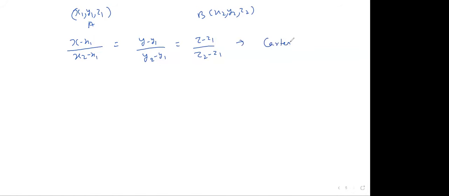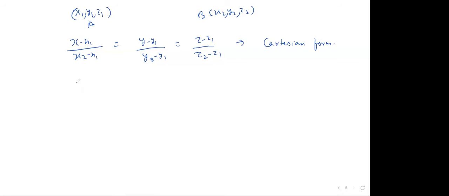in Cartesian form (x minus x1) over (x2 minus x1), (y minus y1) over (y2 minus y1), (z minus z1) over (z2 minus z1). This is the equation of the line in Cartesian form.